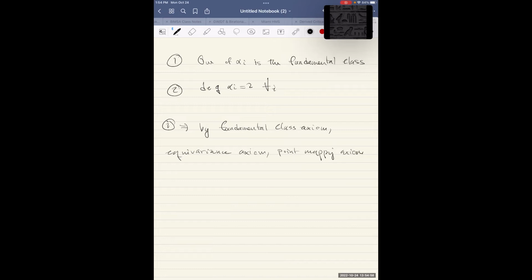You can actually see that the corresponding Gromov-Witten invariants are intersection numbers or 0.